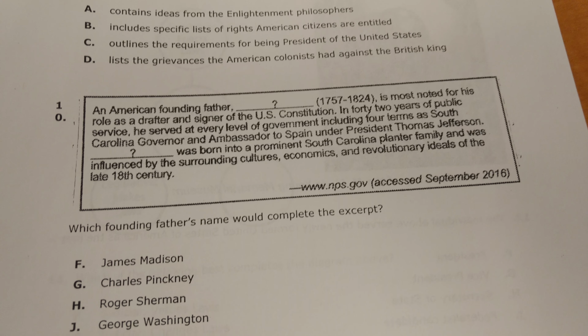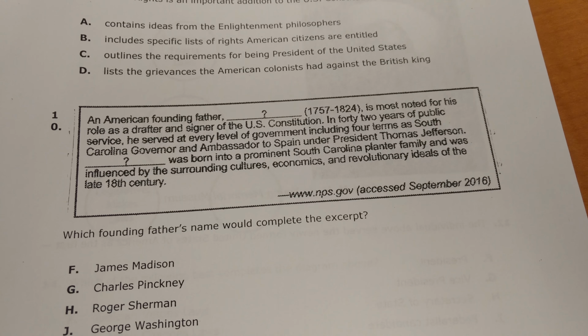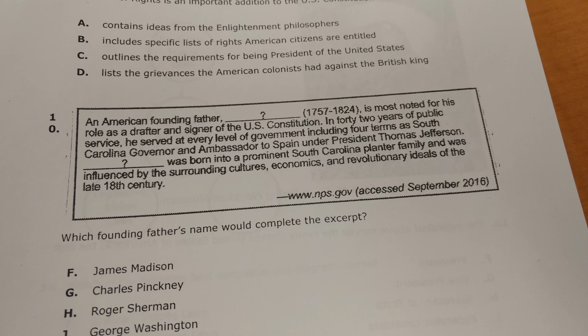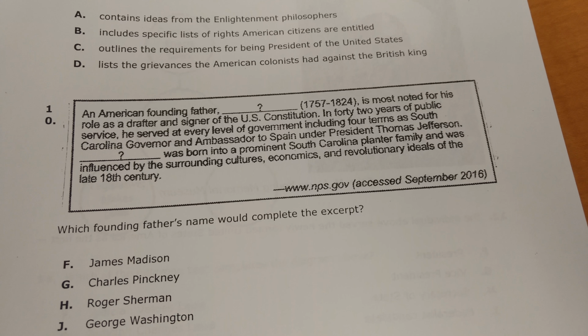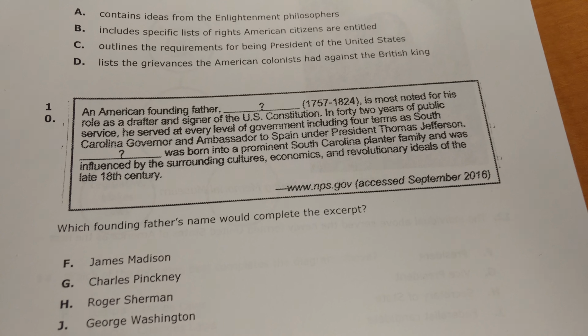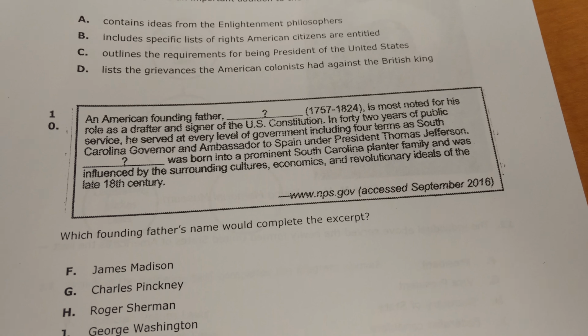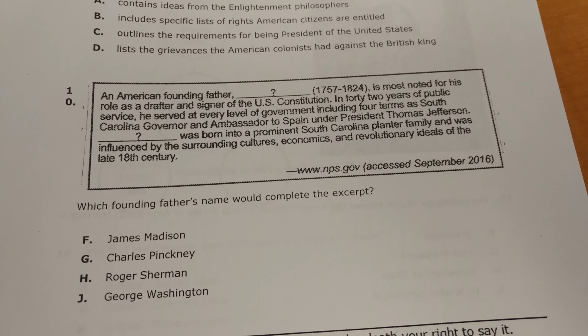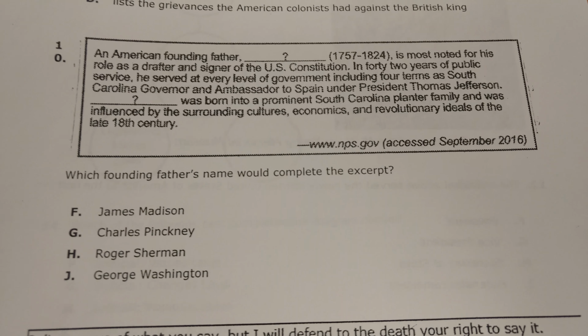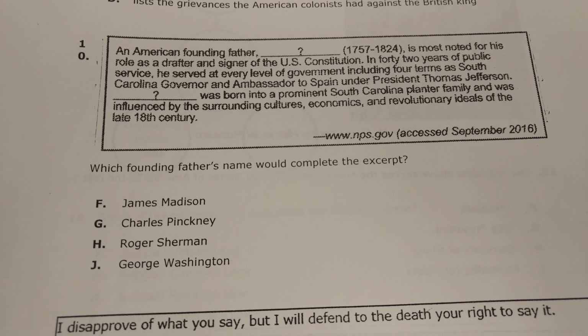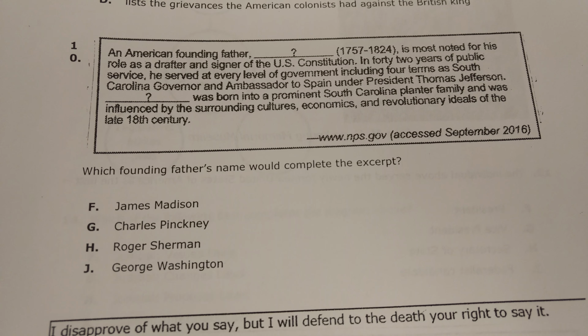Blank was born into a prominent South Carolina planter family and was influenced by the surrounding cultures, economics, and revolutionary ideals of the late 18th century. Which founding father's name would complete the excerpt? F. James Madison, G. Charles Pinckney, H. Roger Sherman, J. George Washington.